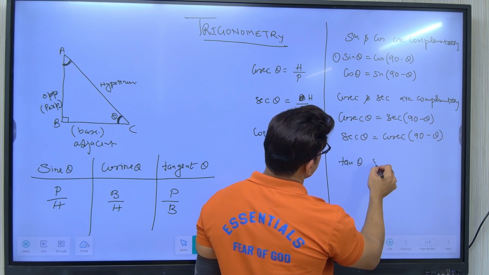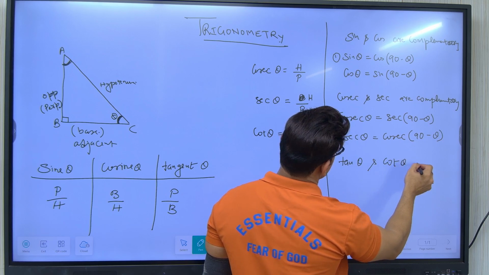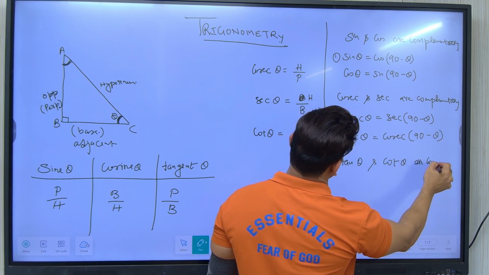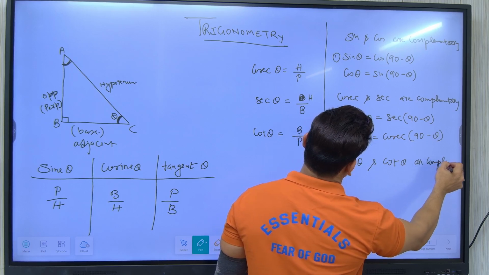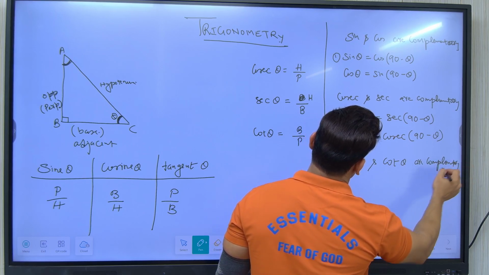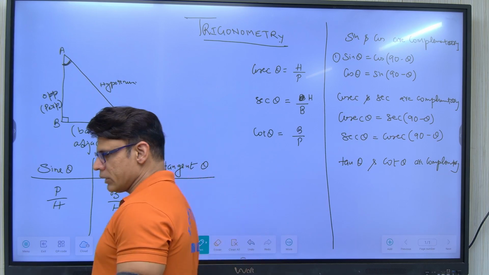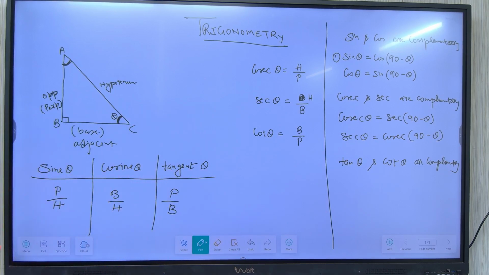Same way tan theta and cot theta are complementary, which means tan theta is equal to cot 90 minus theta and cot theta is equal to tan 90 minus theta. Understood?